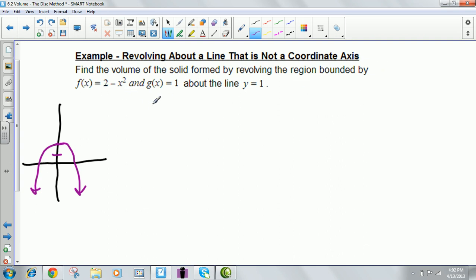Revolving by that, and g of x is equal to 1. So let's draw that line. That is this line right here. G of x is equal to 1, or y is equal to 1, whatever. And about the line, it says y is equal to 1. Oh, did I do that one right? Yeah.